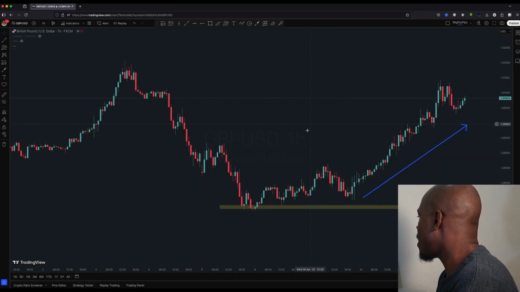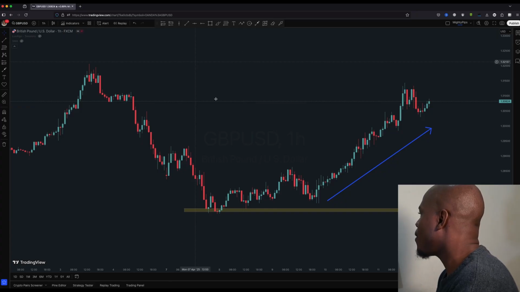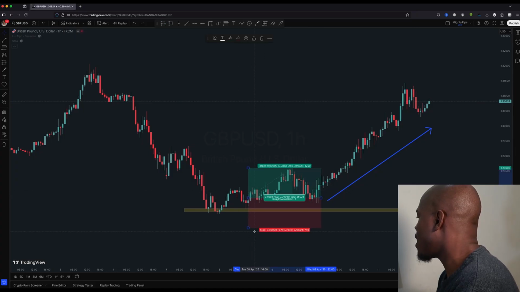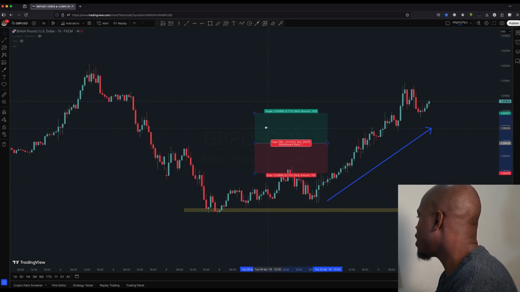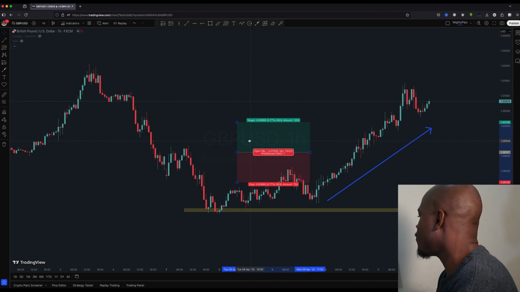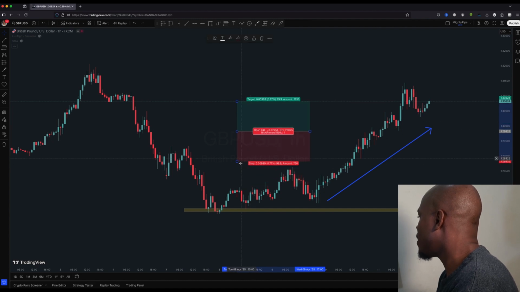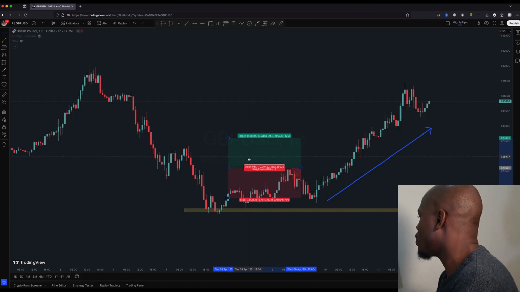So when the price is going up like this, you're only looking for buying opportunities. For example, if you place a buy trade around here, this tool here is just used to help us understand the risk to reward ratios that we are trading. The red part is the stop loss, how much we are losing, and the green one is how much we are gaining.